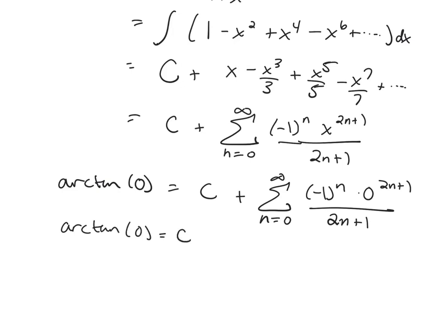Now we have to remember what arctangent of 0 is. Tangent of what angle gives me 0? Tangent is sine over cosine, so where is sine 0? At 0, at pi over 2.